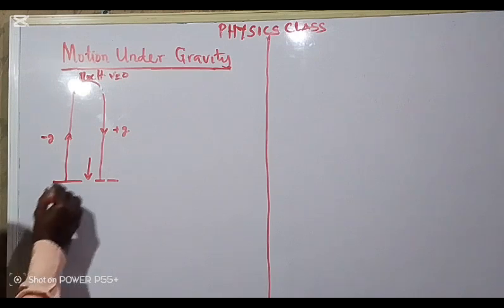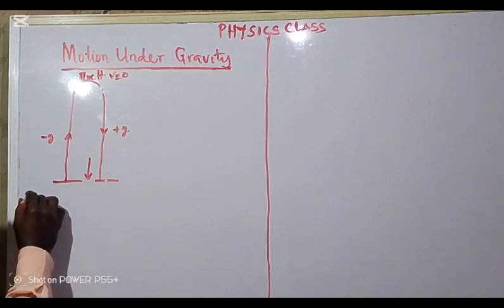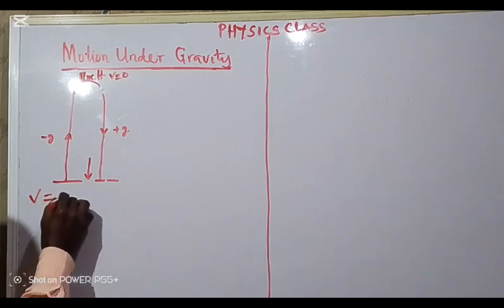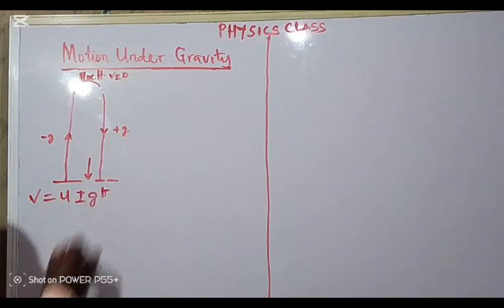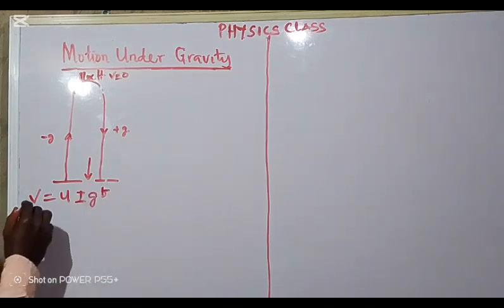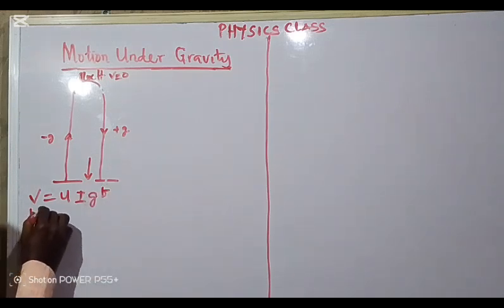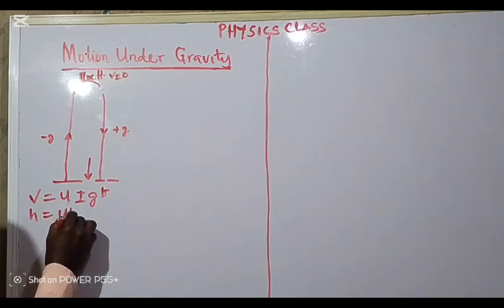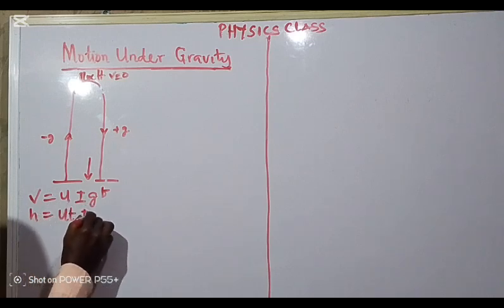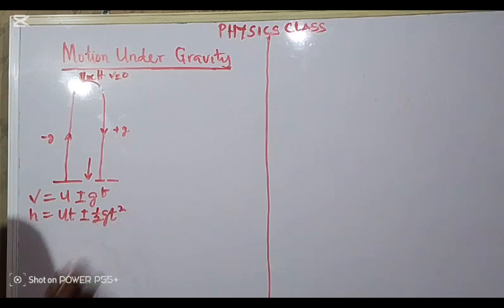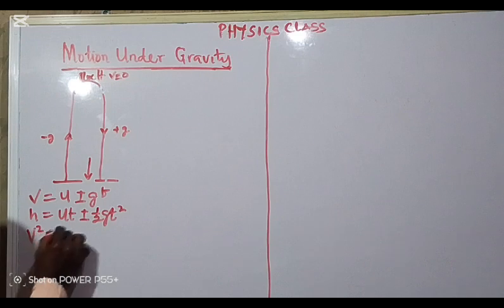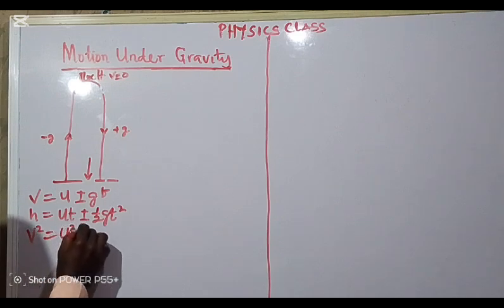The first equation is V is equal to U plus or minus gt. The second equation is H is equal to ut plus or minus half gt square. And the last one is V square is equal to u square plus or minus 2gh.